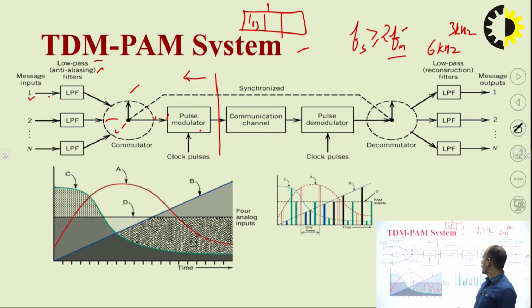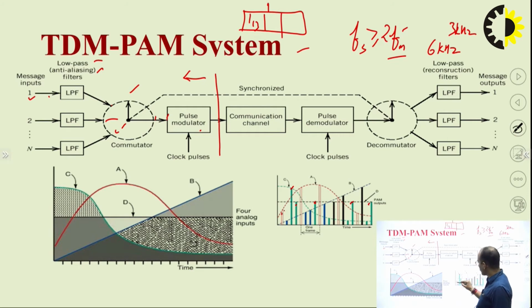Here you can see that the red line shows the A signal, blue is B, green is C, and D is the straight line. When we perform pulse amplitude modulation, these are the samples for C, shown by the green.